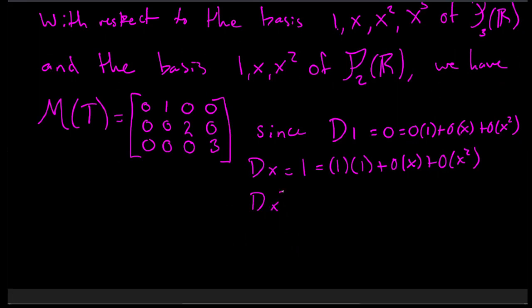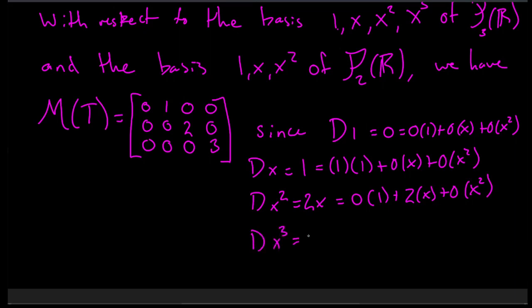D of x squared is 2x, which is equal to 0 times 1 plus 2 times x plus 0 times x squared. And then D of x cubed is equal to 3x squared, which is 0 times 1 plus 0 times x plus 3 times x squared. Hey, look at that. Now, let's just run on through. D of 1 is 0.